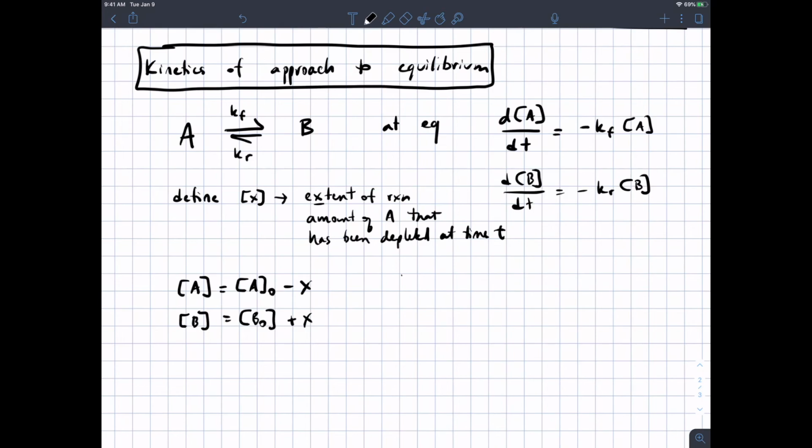So if we think about the rate of change in X, that extent of reaction, as we approach equilibrium, that number is going to go to 0.